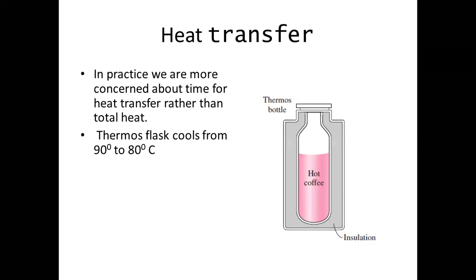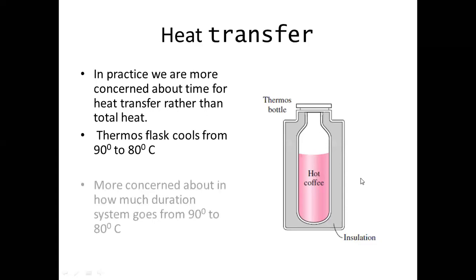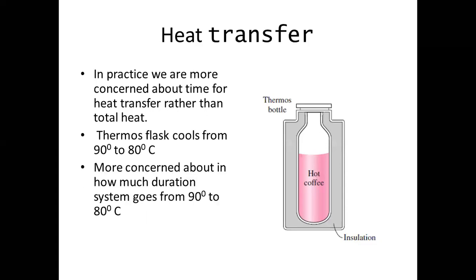Hence, the aim of the designer is to find out in how much time the system reduces its temperature from 90 degrees centigrade to 80 degrees centigrade. That time he has to find out, and accordingly he is going to design the insulation.